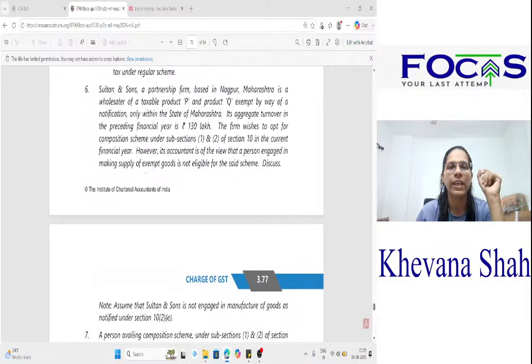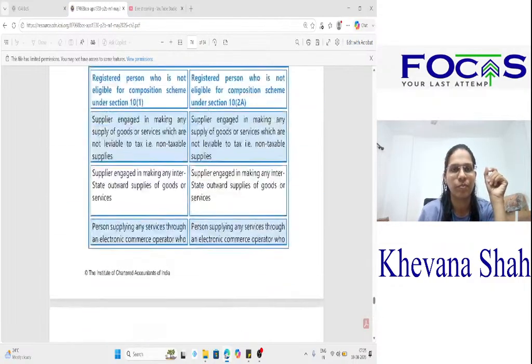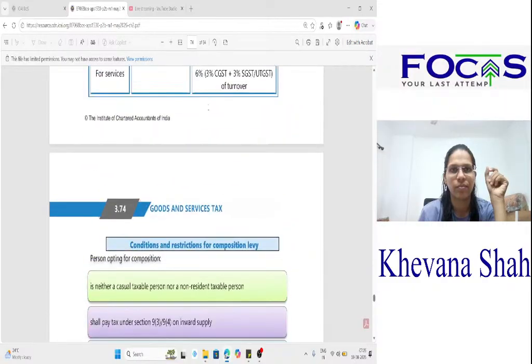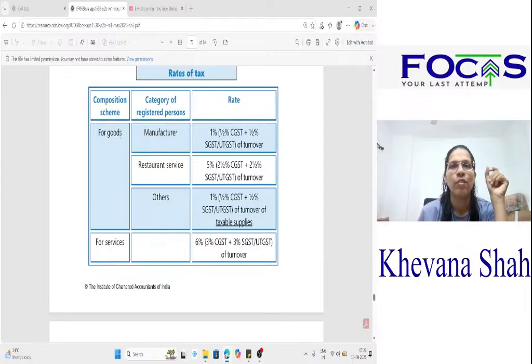However, its accountant is of the view that a person engaged in making supply of exempt goods is not eligible for the said scheme. As we have seen earlier in section 10(1), for goods in the others category, it is applicable only for turnover of taxable supplies, and for a manufacturer it is simply turnover.